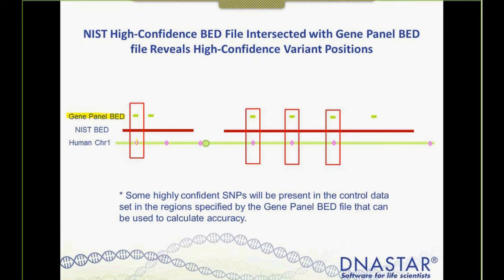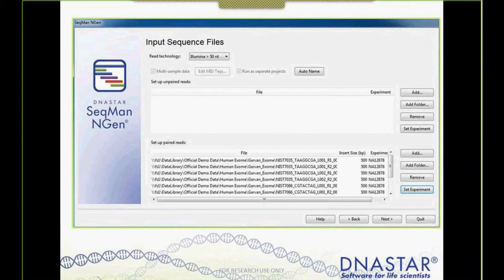And then the little purple marks are SNPs that have been verified by Genome in a Bottle, by that consortium. And so we can find those areas where there's overlap between my bed file and the reference data set. And that's where we can help build that and make that confidence area. And then we can make an accuracy call with any data set that's using NA12878.